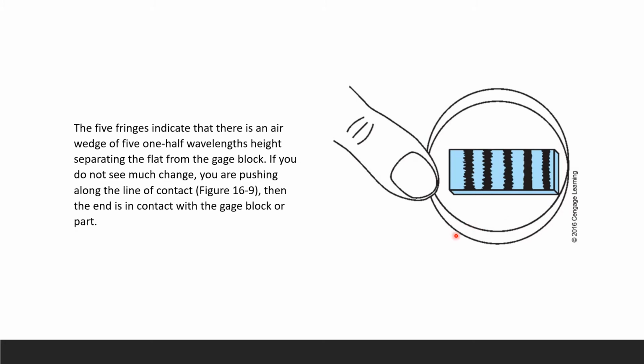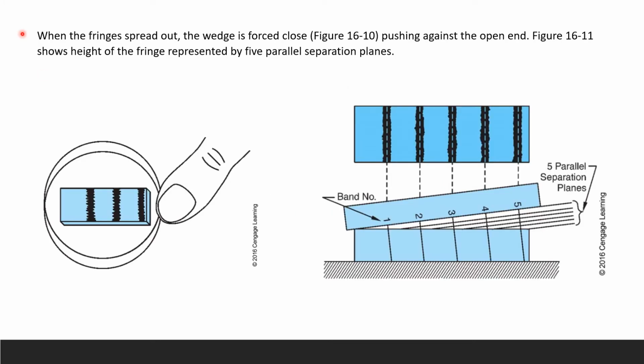What this is trying to tell you is that if force at one end doesn't change the fringe pattern, meaning it causes very little change here, that end is in contact with the gauge block or part. When the fringes spread out, then the wedge is being forced closed, pushing against the open end.